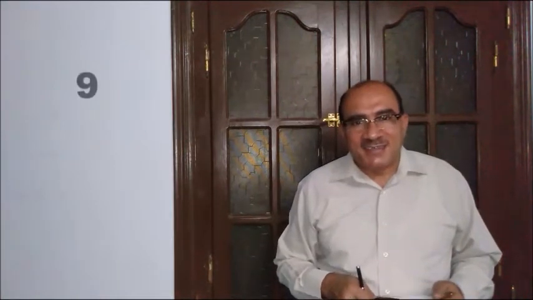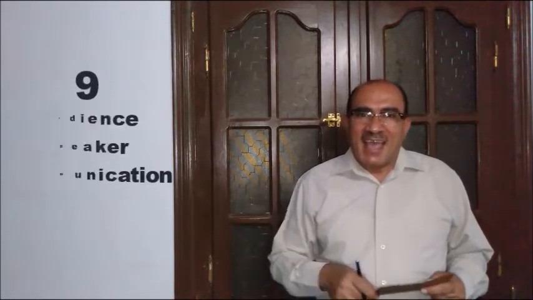Factor number 9, audience-speaker communication. The rule is, if the speaker has less knowledge than the audience, he should expand his information related to the presentation objective. Now, in this presentation, both you and the audience received a lot of information about COVID-19 concerning social spacing and using disinfectant from different sources like TV, social media, and so on.